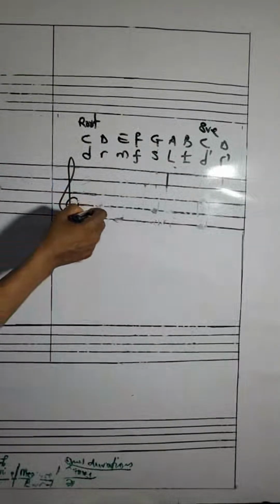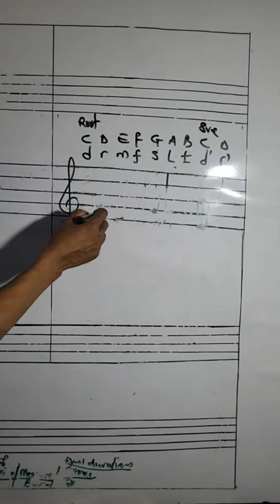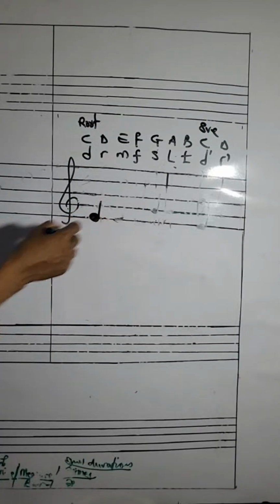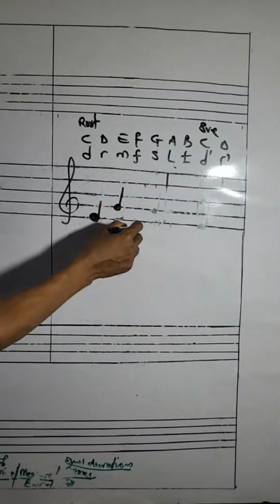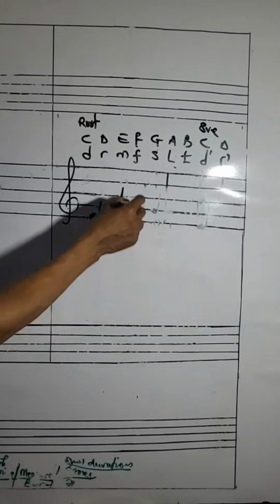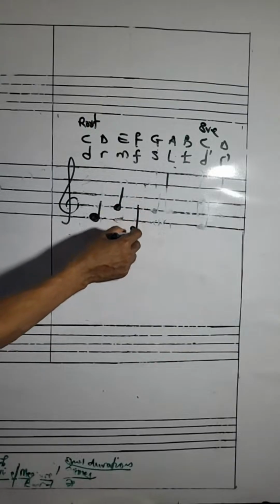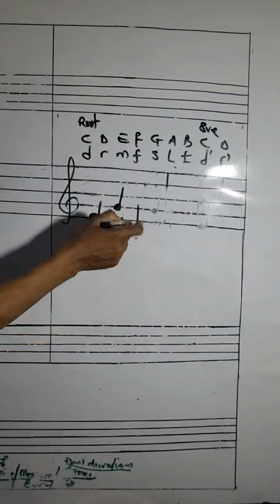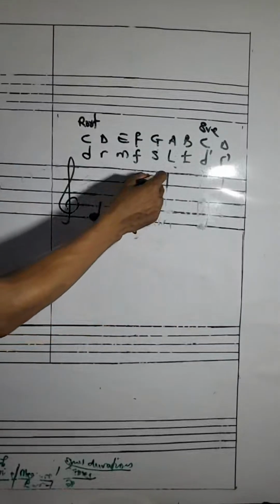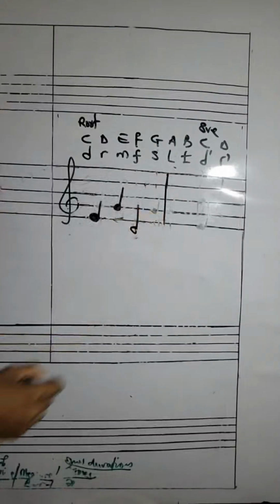I have a note here, then I have a note here, then I have a note here. Let me make these notes 4 counts.